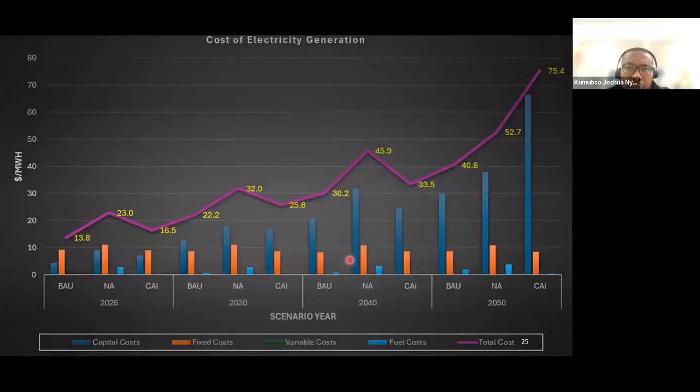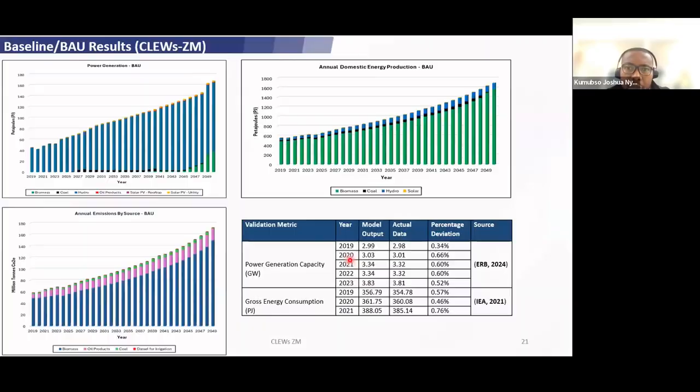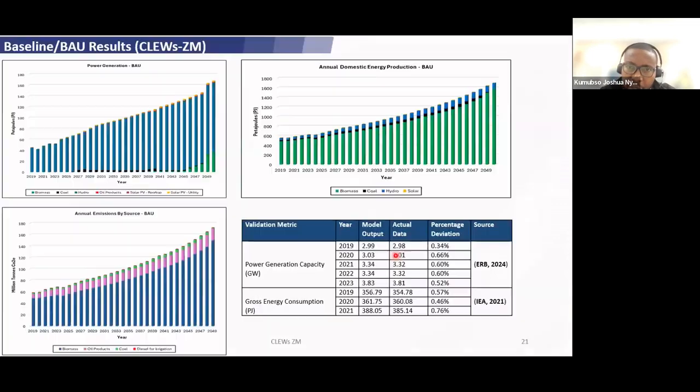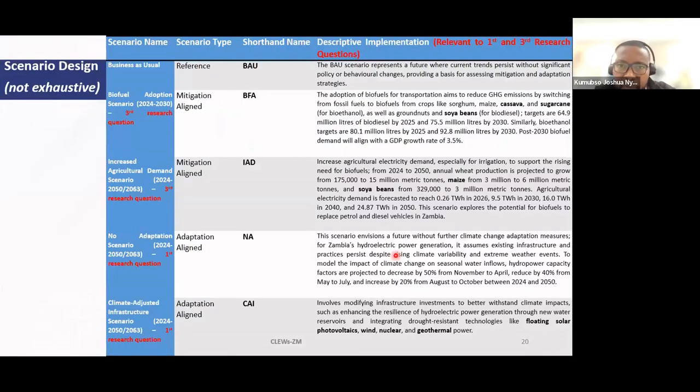Okay, that's a good question. Let me go back to that. So in essence, if you look at the difference between the biofuel adoption potential and the increased agriculture demand, this is looking at the potential in terms of dedicated soil for the purpose of biofuels.